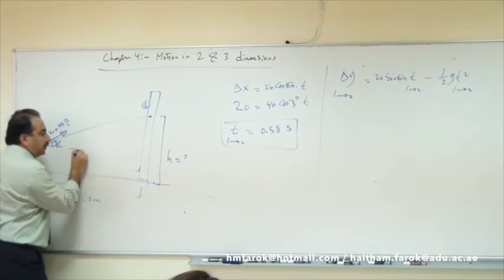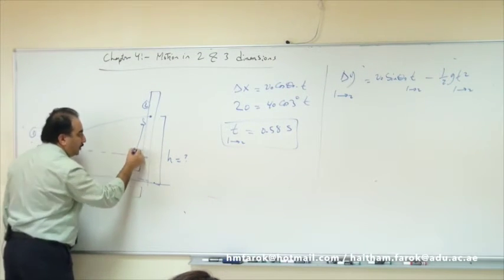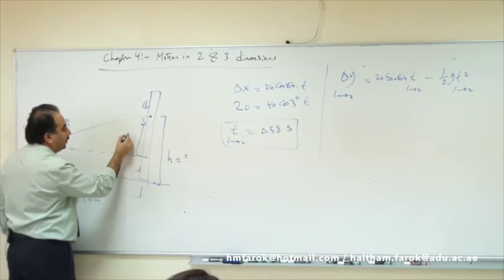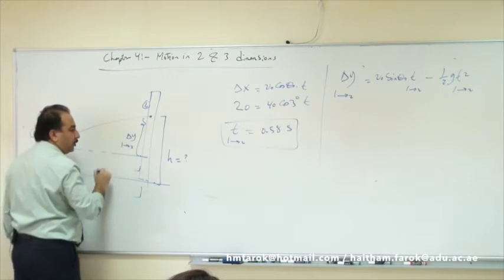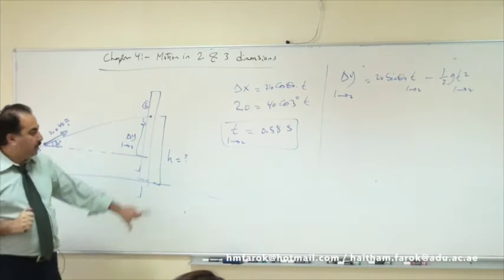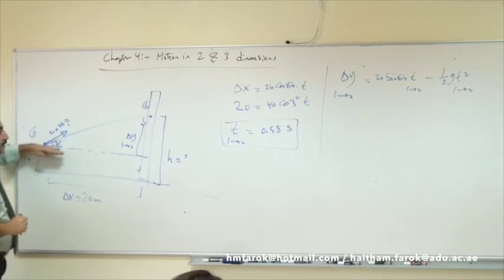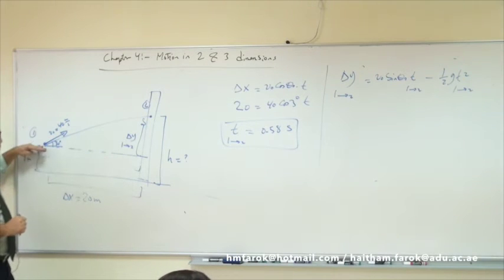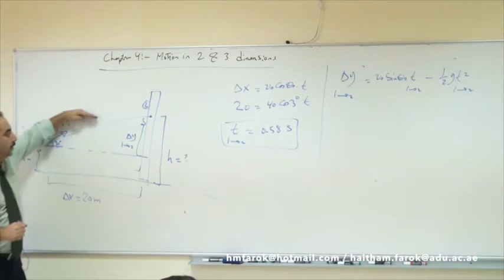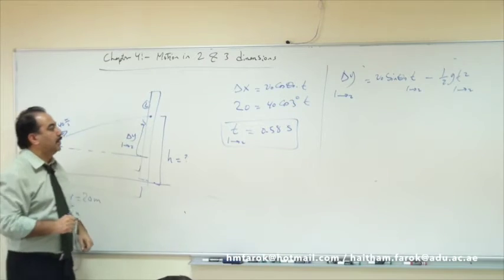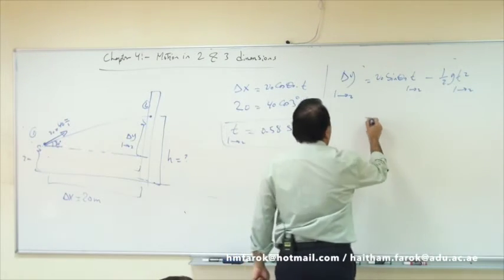It means this part. You are not finding h because this is your reference. Initial, final. All right? So now delta y unknown.